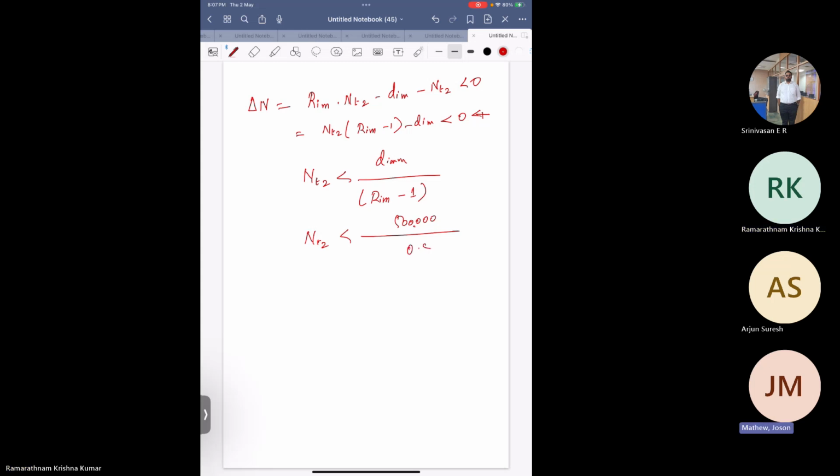This is 0.5. What is this? 1 million. So what will happen? N(T2) has to be less than 1 million. If the count is less than 1 million.